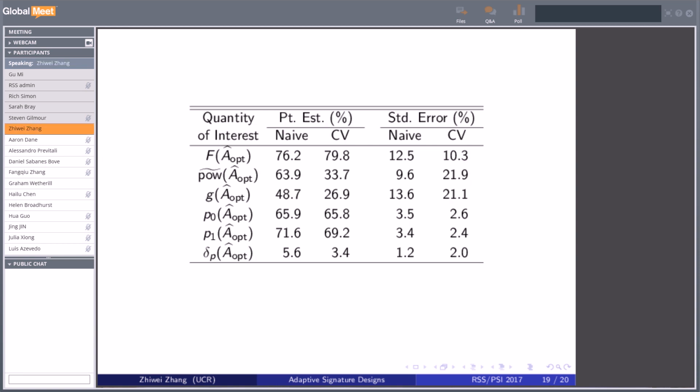Here, the naive estimate of the treatment difference in the selected subpopulation is 5.6%, which is significantly greater than 0. After cross-validation, the treatment difference estimate decreases to 3.4%, and the associated standard error increases. But the difference is still significantly greater than 0.